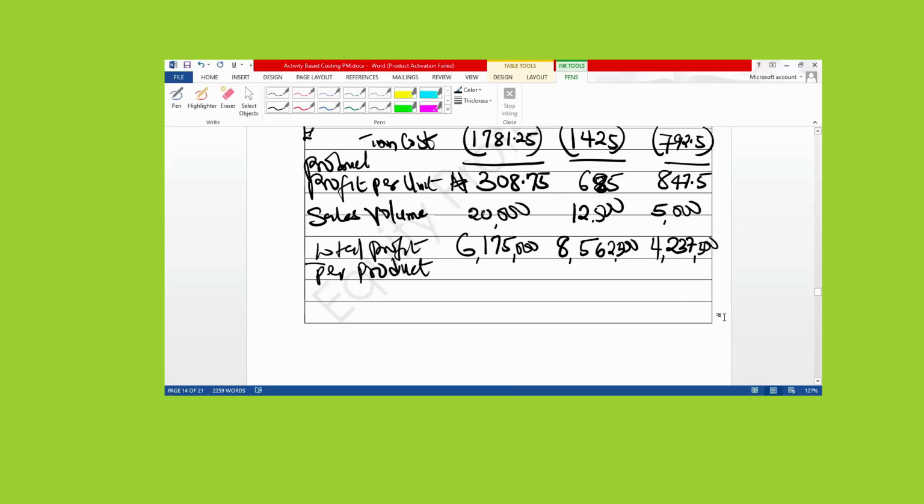Wow. It's a whole lot. I have to move this one down because of the spacing.